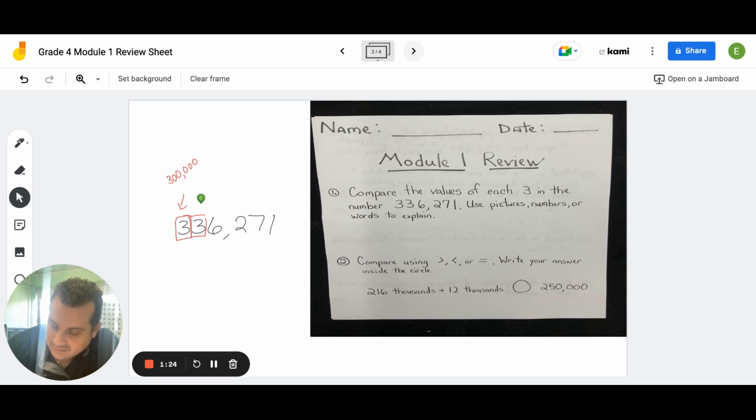This 3 is in the 10,000s place. So that's worth 30,000. So I actually said I wanted to use words. I'm going to start by using numbers. So we know when the digits are next to each other, right, that the digit to the left is 10 times greater than the digit to the right.